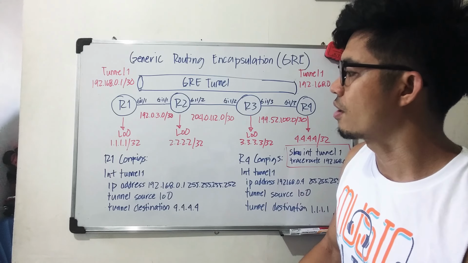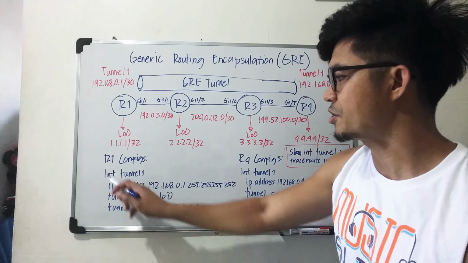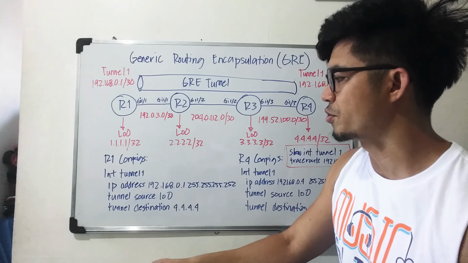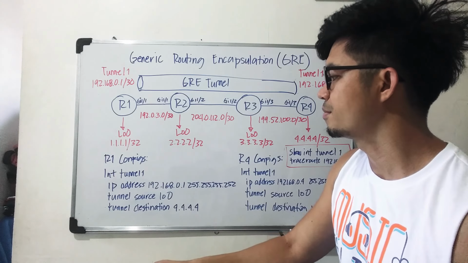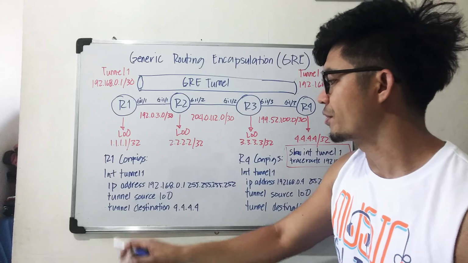So let's start with router 1. Basically, we just have to say interface tunnel 1. That is your GRE tunnel, and you have to configure an IP address.